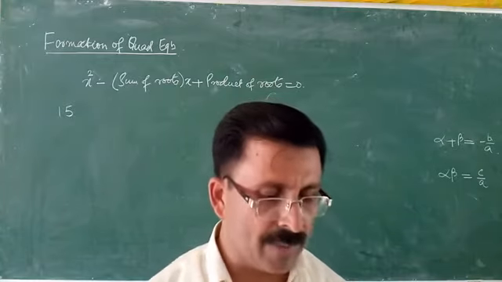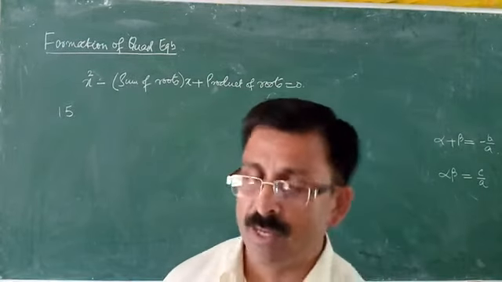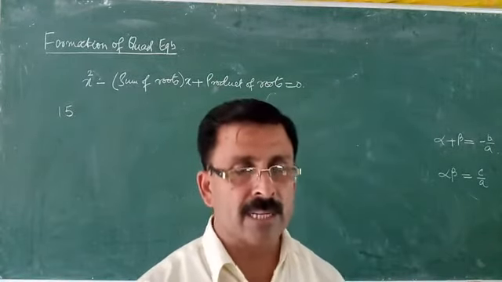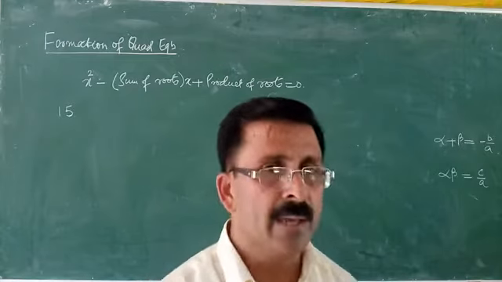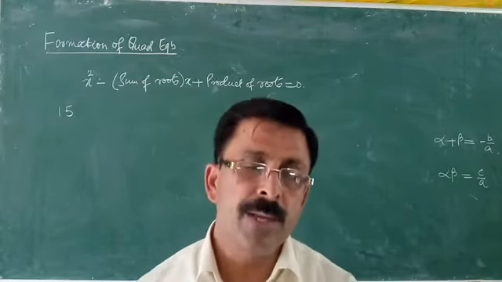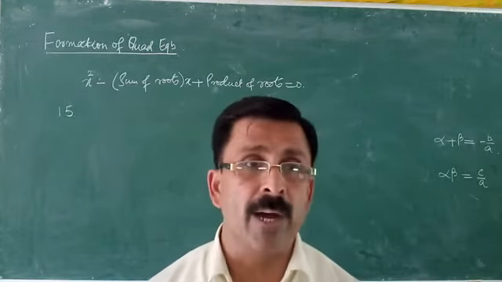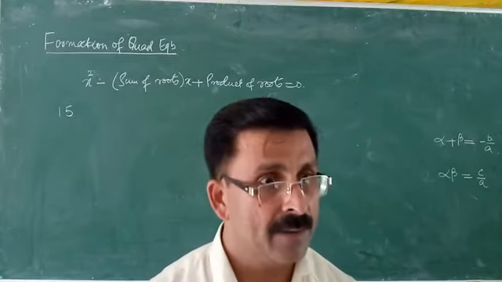And then you have to frame the equation whose roots are alpha square and beta square. So the first sentence of this question is your information and the other sentence is your question. The question says, write down the quadratic equation whose roots are alpha square and beta square.